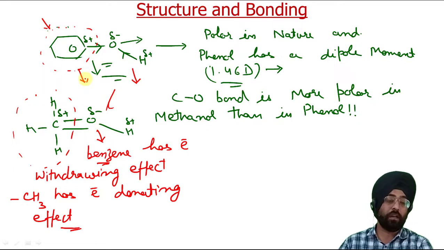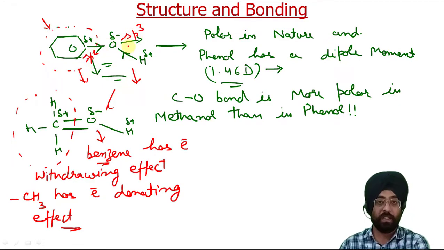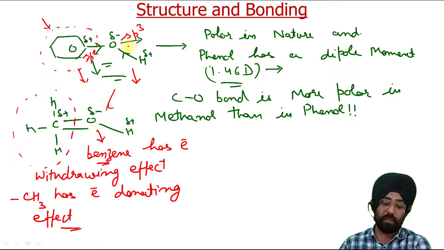So that is the structure of phenol. It is very important, please once again go through it. So it is quite easy. It is sp2 hybridized, this carbon, this oxygen is sp3 hybridized. So we have to see how these various bonds are formed by overlap of which orbitals.